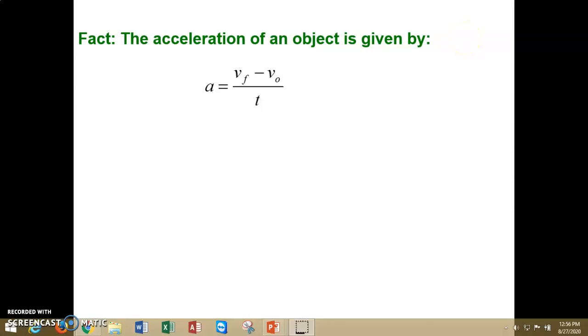Last week, in a little game that we played on the first day, I asked: is it possible to have your force going one way and your displacement go the other way? And this is a great example of that, because when you come up to a light and it's red, you should hit the brake.